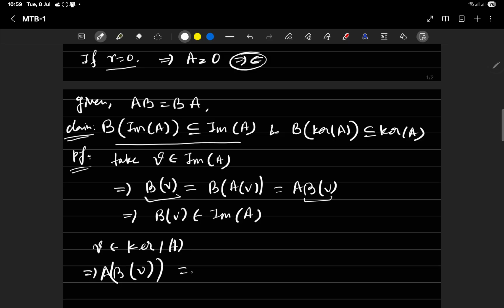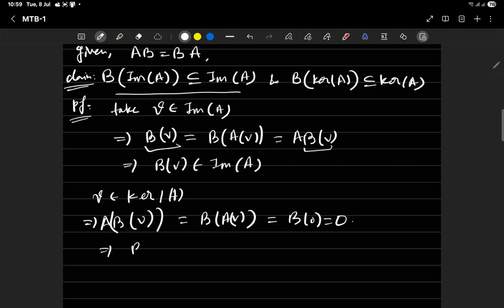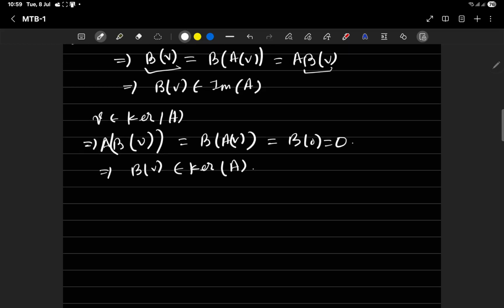So ABV has to be proved to be 0, but ABV equal to BAV, which is B of 0, which is 0. So again BV becomes in the kernel of A. Okay, so we have proved these two easy facts. This is due to the commuting nature of A and B.